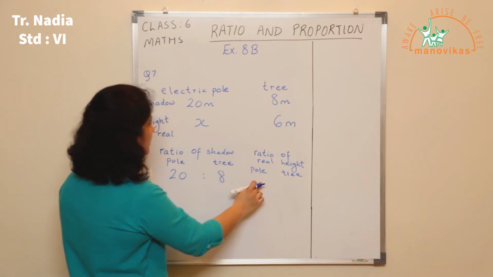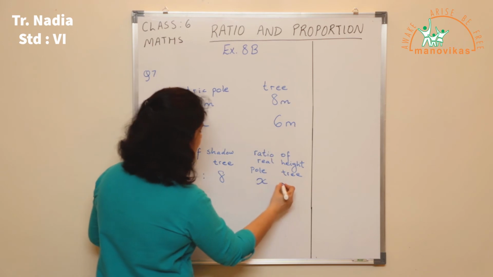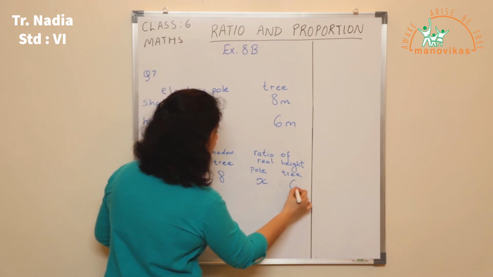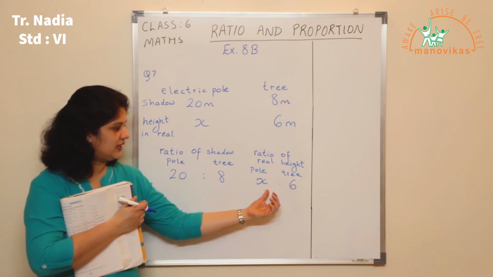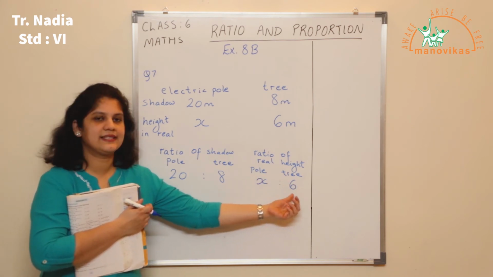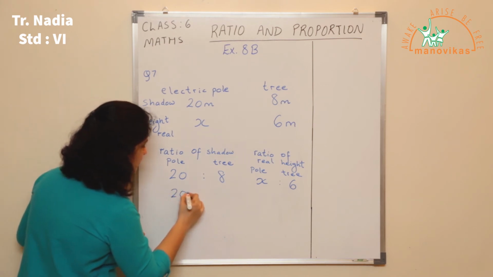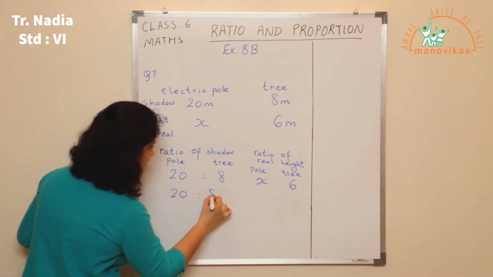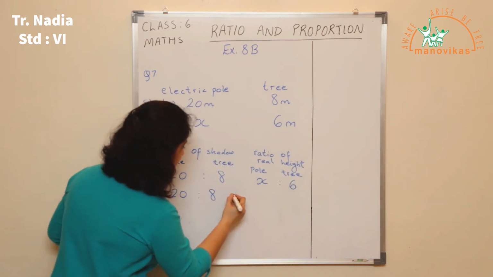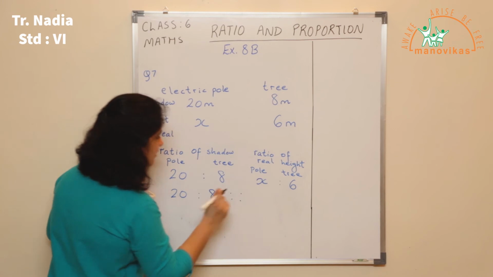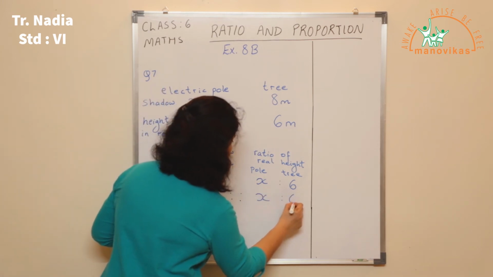So the real height of the pole is unknown, so I will put it as x, and of the tree is 6 meters. So the ratio of the real heights of pole to tree is x is to 6. Now these two ratios are supposed to be in proportion: the shadow ratio of pole to tree and the real height ratio of the pole and the tree.